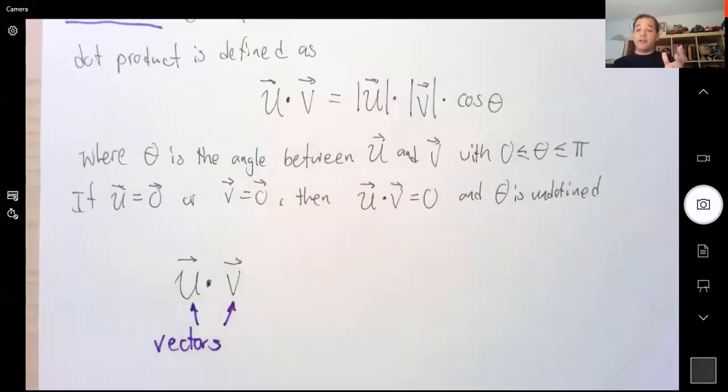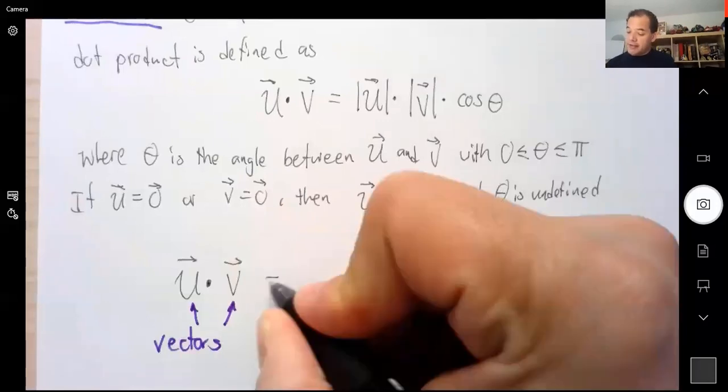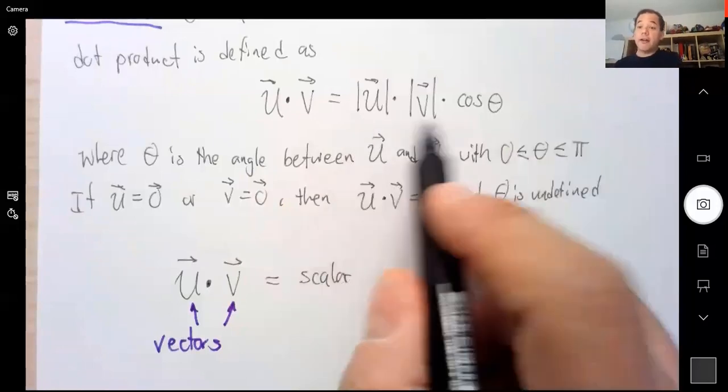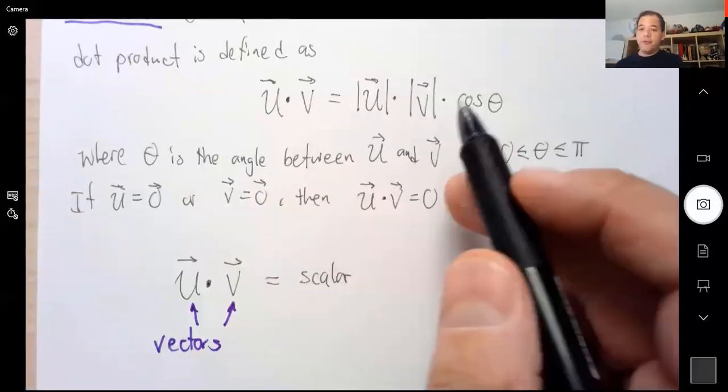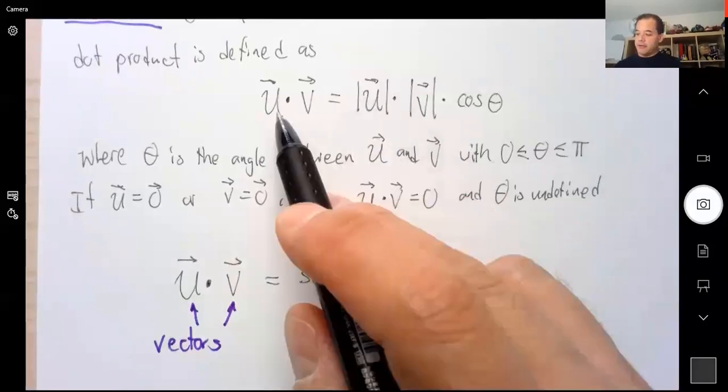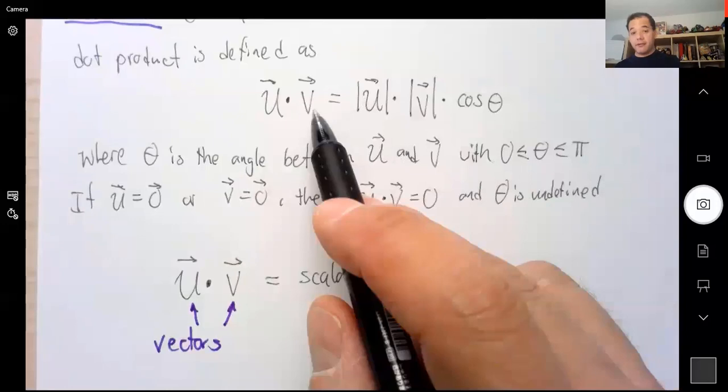So you take two vectors and you operate with them. But what is the answer? The answer is a scalar, right? This quantity on the right is just a number. The magnitude of u is some number, it's how big the vector u is. This is the magnitude of v, how big the vector v is.